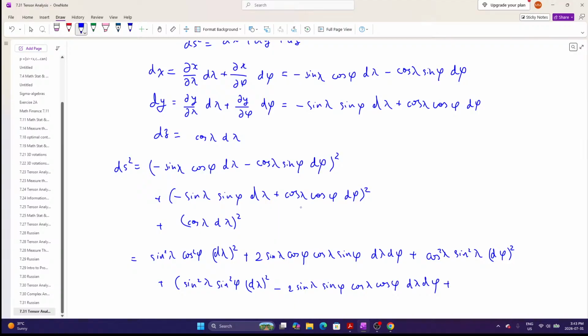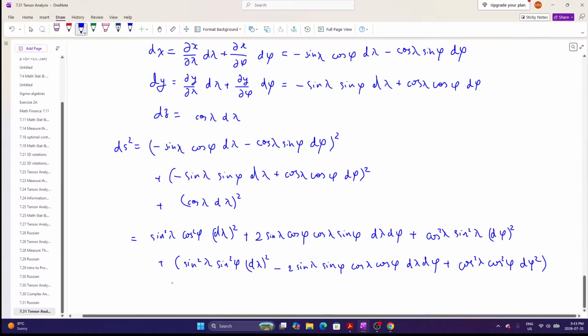And lastly, the last square term would be cosine squared lambda cosine squared phi d phi squared. And the last term is cosine squared of phi cosine squared lambda d lambda squared.